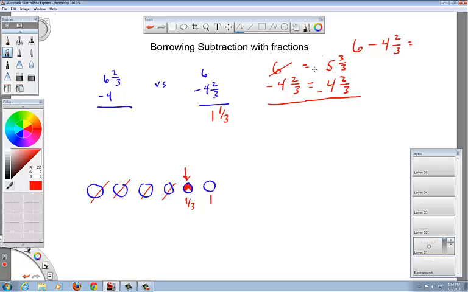So when we have it in this mode, we just subtract. 5 minus 4 is 1. And the same size pieces, so that's on bottom, 3, and this would be 1. Now let me show you this a couple more times in like the speed round here. Let's say we had 7 minus 4 5/9. All right, what we would do, we have to borrow because that whole number's on the top followed by a fraction like that.